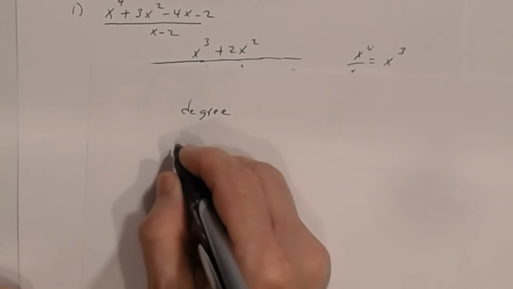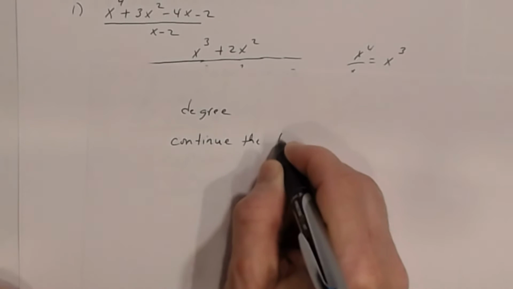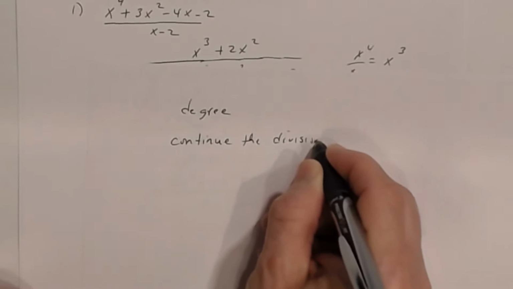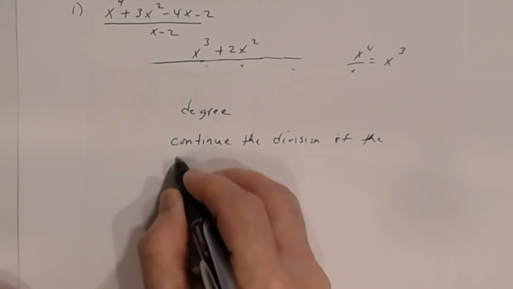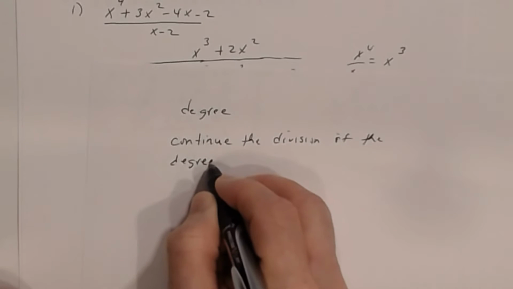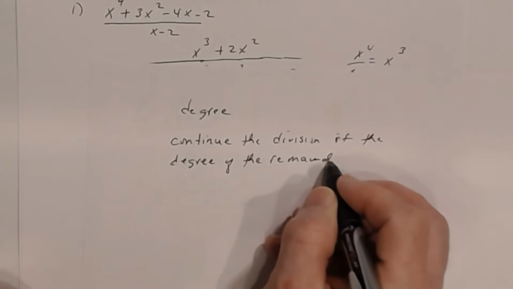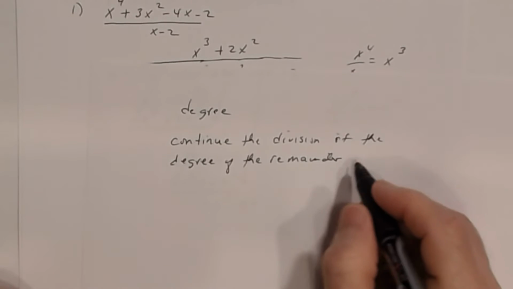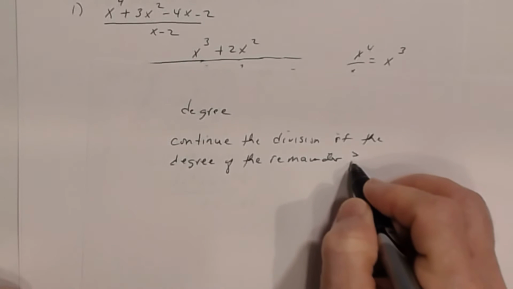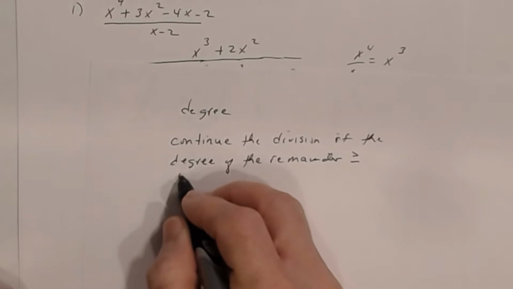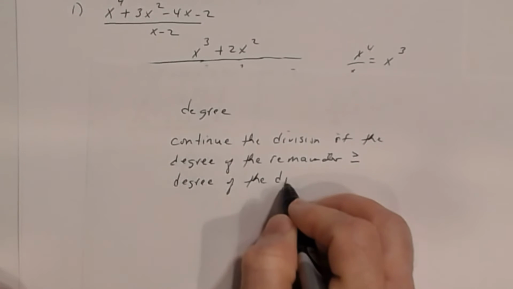So you continue the division if the degree of the remainder is greater than or equal to the degree of the divisor.